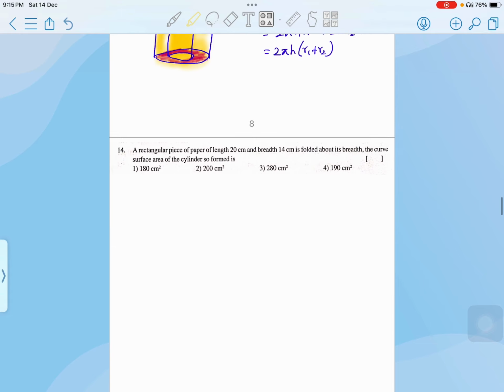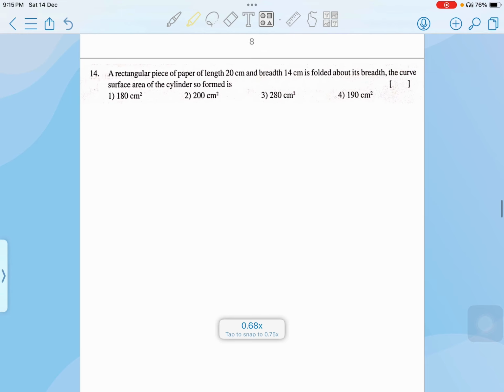So the 14th one: a rectangular piece of paper of length 20 into 14 is folded into a cylinder along its breadth.